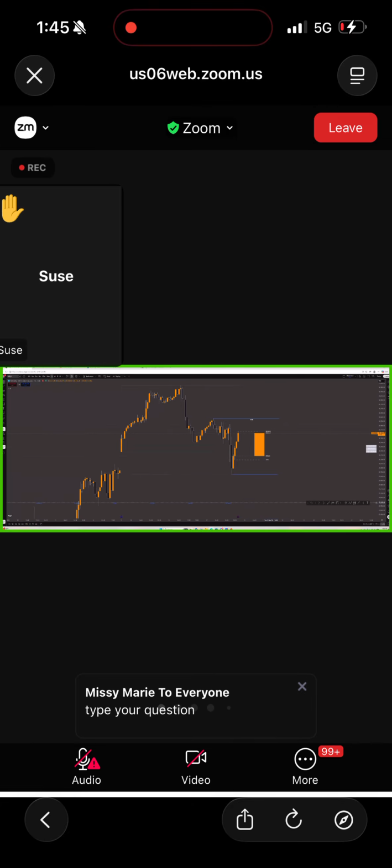Can you show me an example, like when you mark the order block on the higher time frame and then you find the liquidity on the lower time frame?